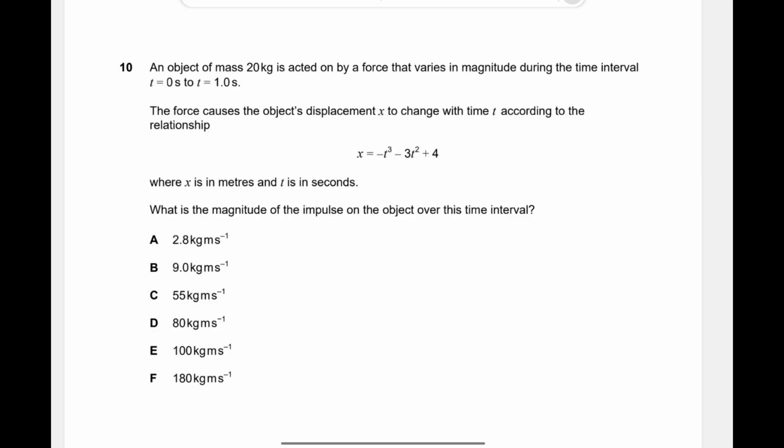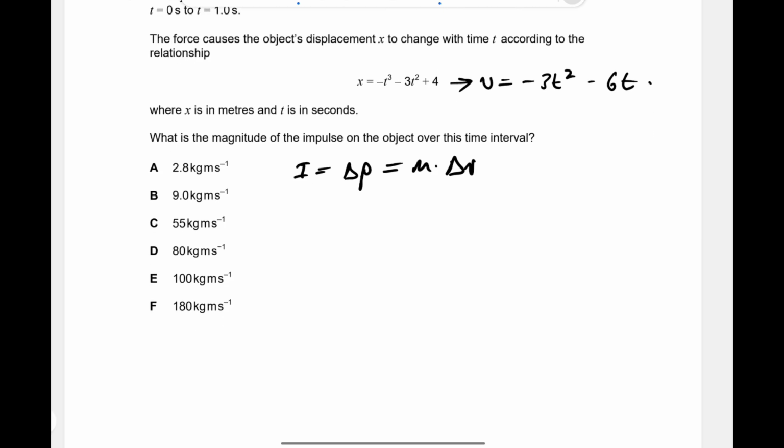What is the magnitude of impulse on the object over this time interval? So impulse is the change in momentum. And for constant mass, that's going to be the mass times the change in velocity. And we can figure out the velocity function over here by differentiating that.